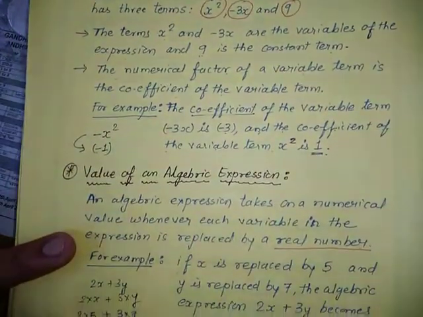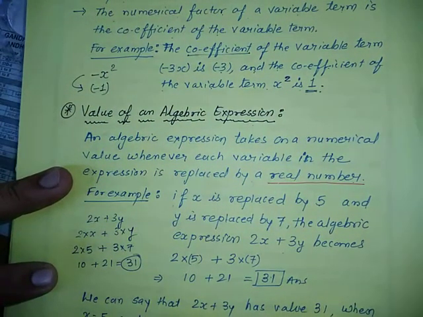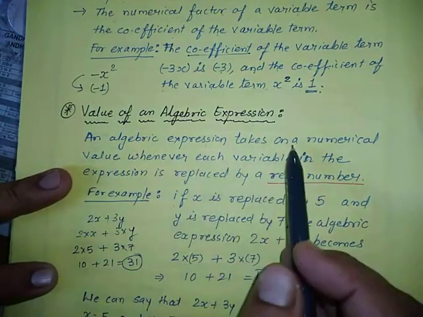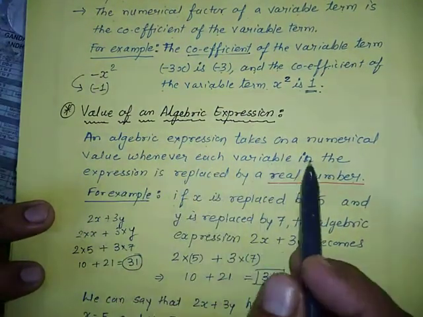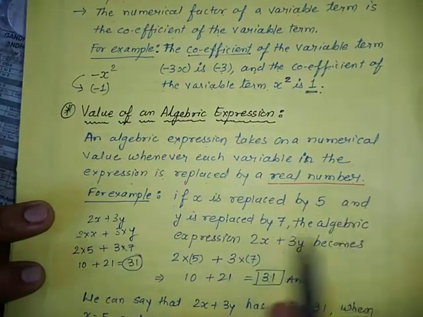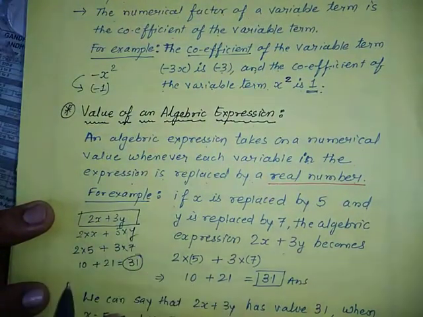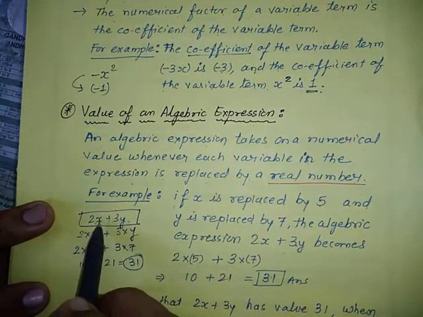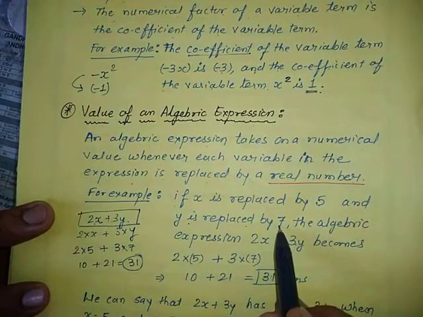Now value of algebraic expression means whenever such algebraic expressions are given, we just evaluate. An algebraic expression takes on a numerical value whenever each variable in the expression is replaced by real numbers. For example, take the expression 2x plus 3y, where x is replaced by 5 and y is replaced by 7.